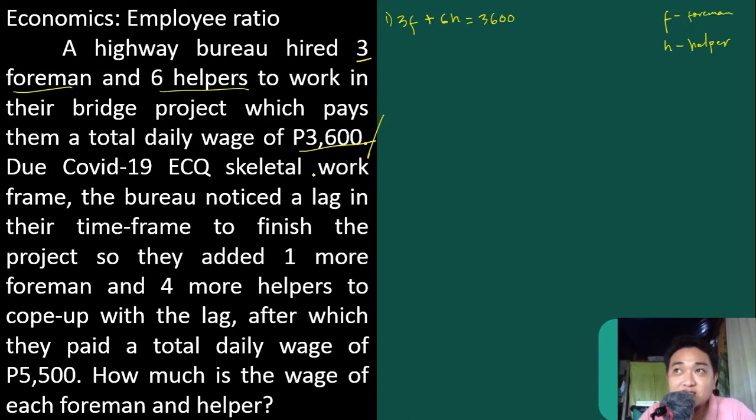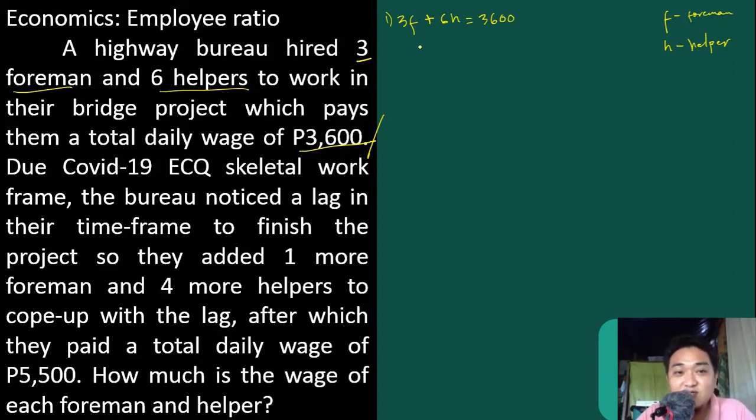So meaning sa isang establishment, sa mga malls, sa mga tindahan, nagdadagdag pa sila ng mas maraming helpers o mas maraming workers nila para matugunan yung skeletal work frame. Kasi hindi pwede na lahat sila sabay-sabay papasok. Kasi mag-i-schedule lang sila. Yun ang nakikita natin during a skeletal work frame pagka may mga ECQ ganito.